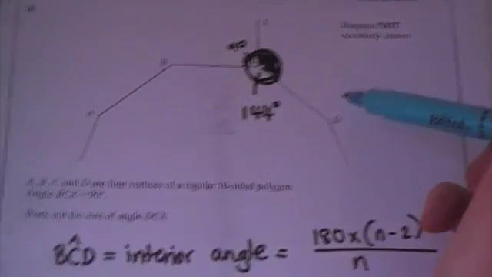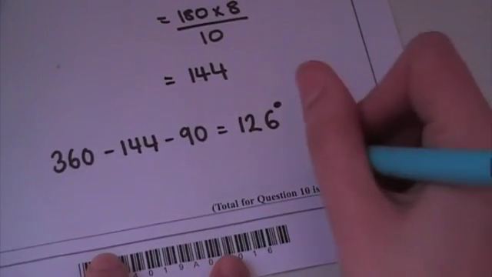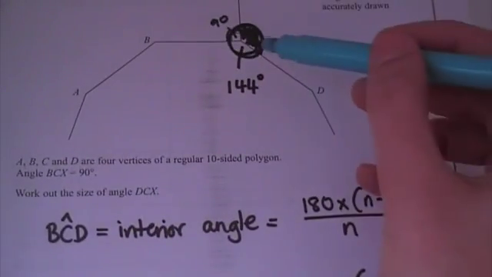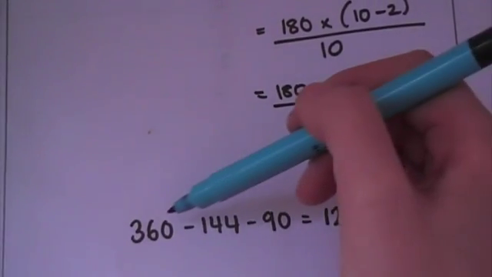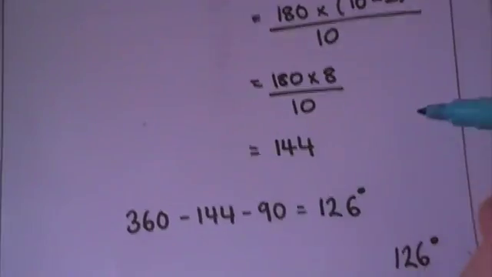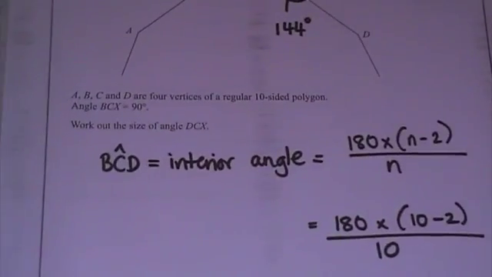So angle DCX, which they've asked us for, must be 126 degrees. Again, we've worked out the interior angle, 144, using this formula, and then we've done angles around a point, 360 minus 144 minus the 90, and that's given us 126. So the mark scheme for question 10.